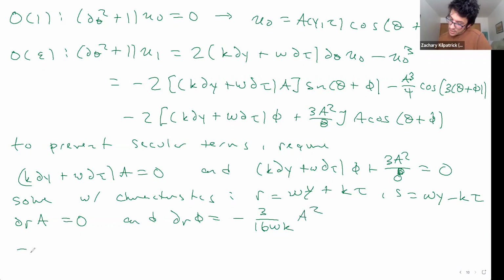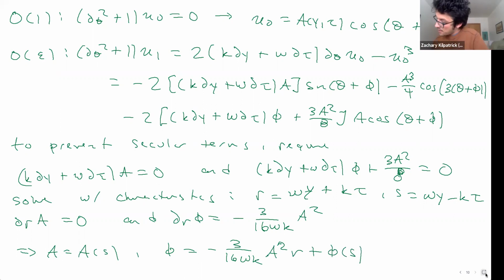So this means that a is equal to a of s, constant in r, and φ is equal to minus 3 over 16ωk a squared r plus some φ of s.